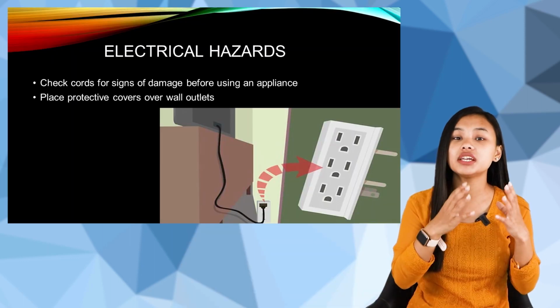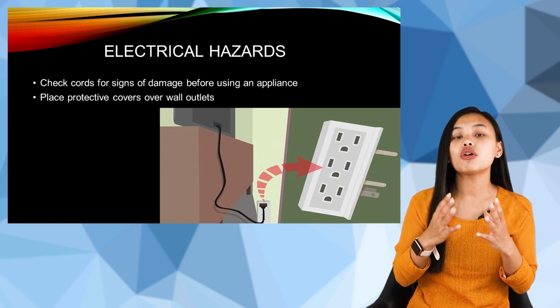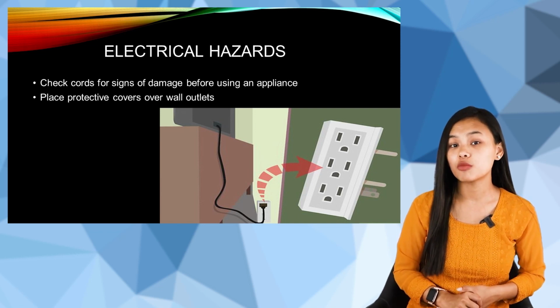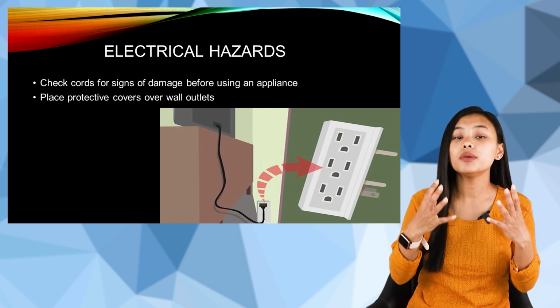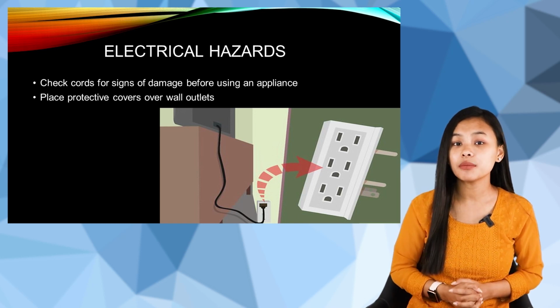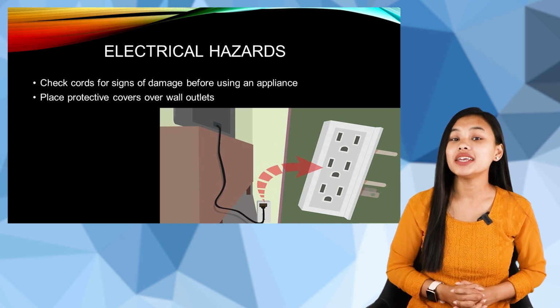So since we have discussed the physical hazards, right, that is the fire, falls, poisoning, as well as suffocation, now we are going to discuss the electrical hazards. In order to prevent these electrical hazards from occurring, what we must do is that we must check the cords if they are damaged before using any appliances.